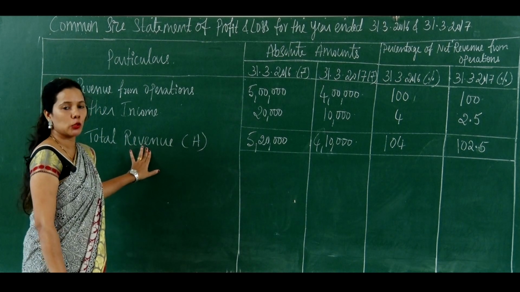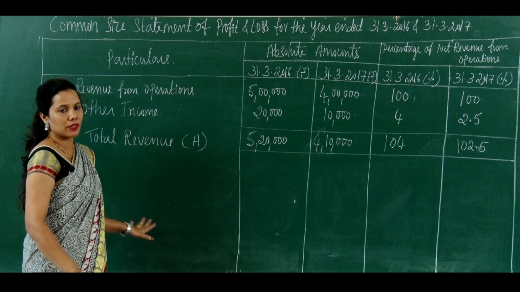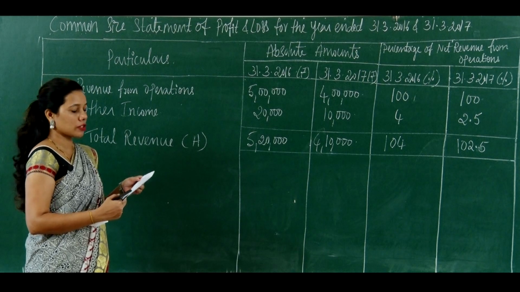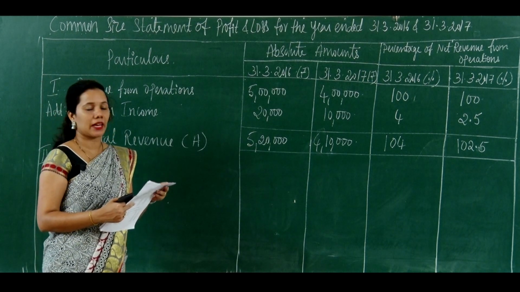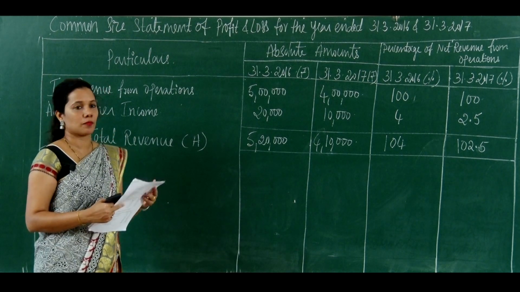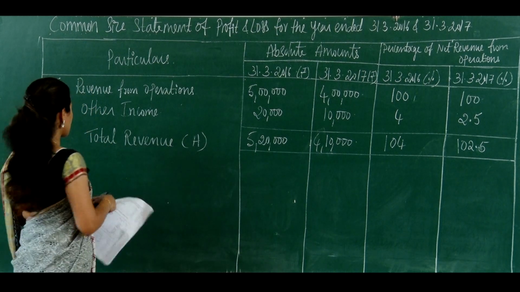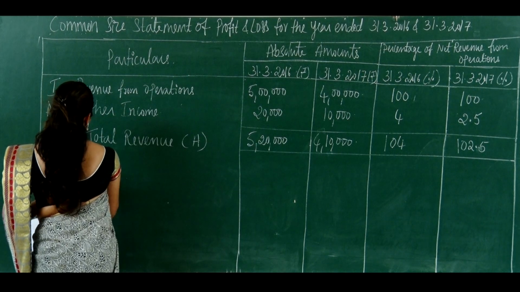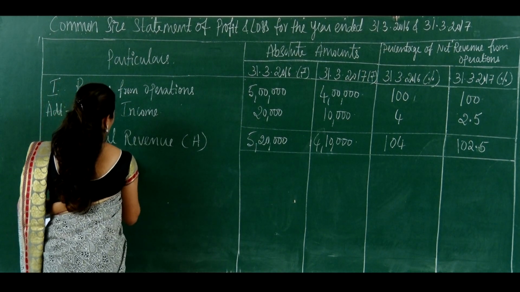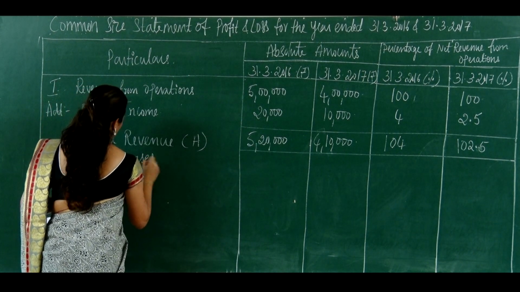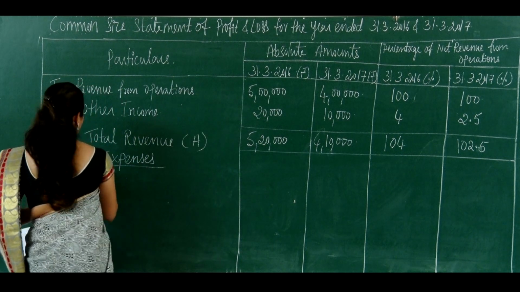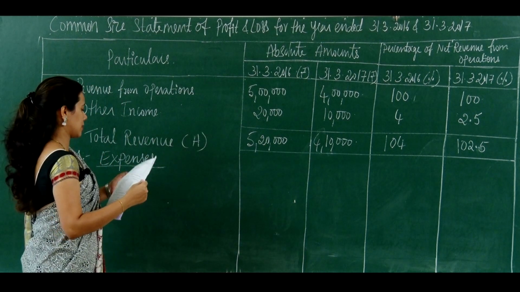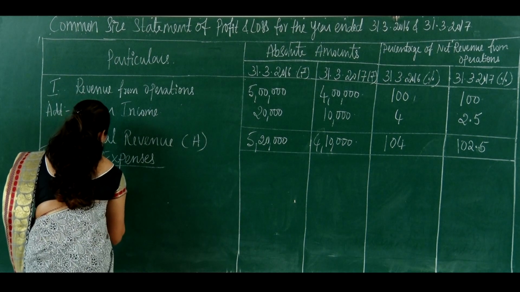After total revenue, list out all the expenses, from cost of material consumed till other expenses. So, the first expense is cost of material consumed.